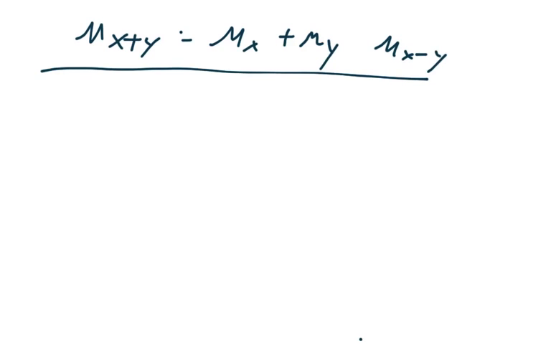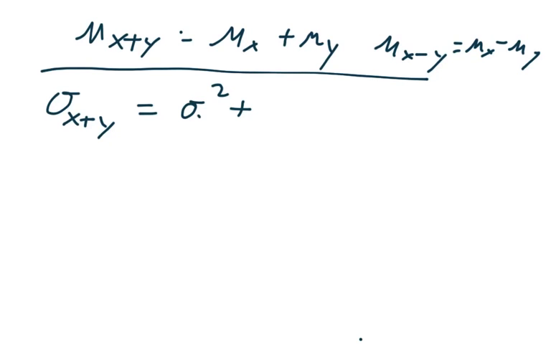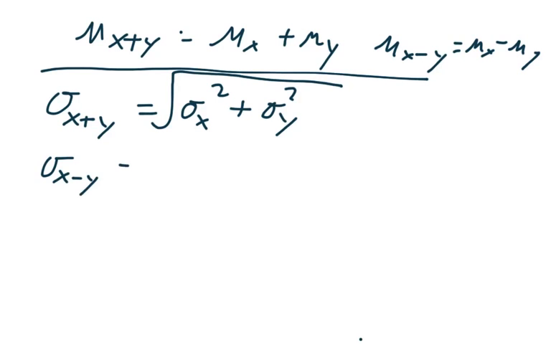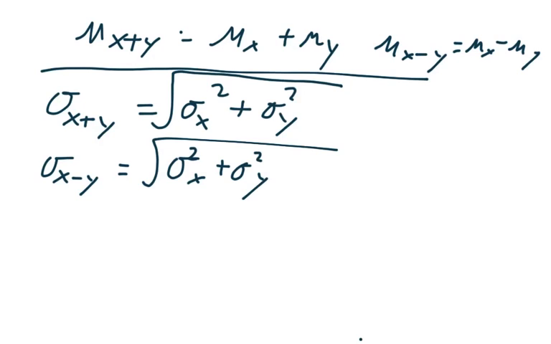Mean of X minus Y is the mean of X minus the mean of Y. The standard deviation of X plus Y is the standard deviation squared of X plus the variance of Y, and you square root it. And the standard deviation of X minus Y, you're still adding, because the more things that you have, the higher the standard deviation is going to go. So we always add the standard deviation.